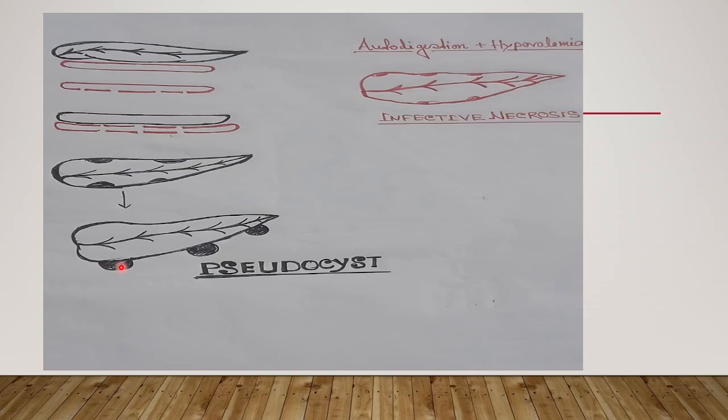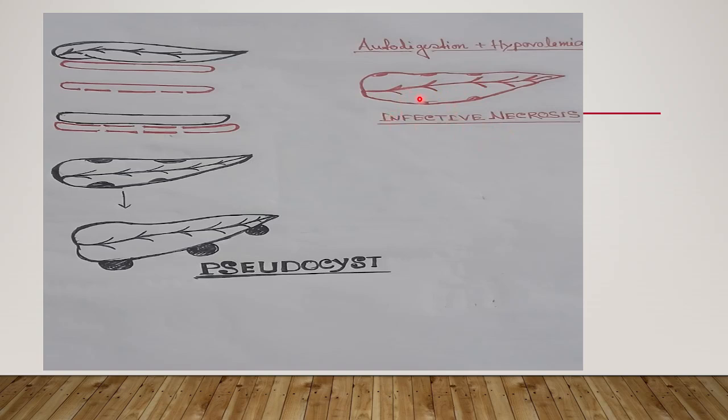This pancreatic abscess is a severe complication and it leads to pain, fever and leukocytosis. So this is a local complication, pseudocyst, due to the presence of autodigestion and hypovolemia. Our pancreas is not perfused properly, blood supply is decreased, so first ischemia, then infection, and our pancreatic tissue dies. So this is called infective necrosis.